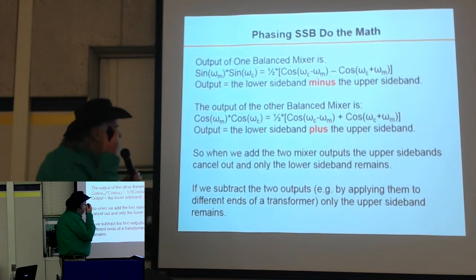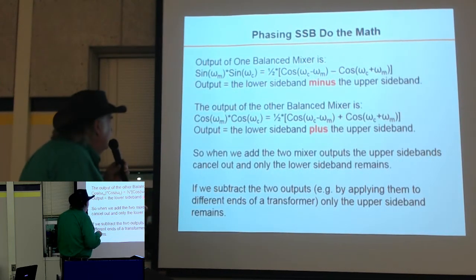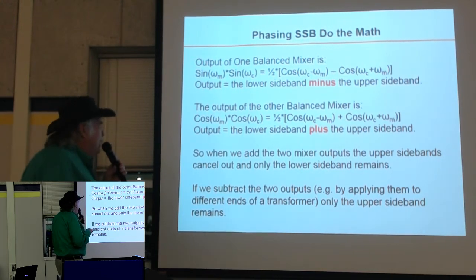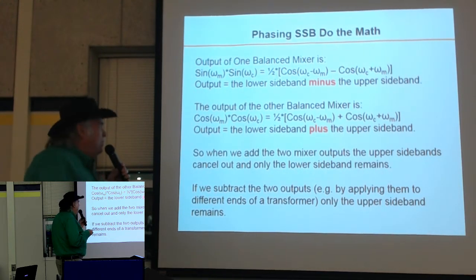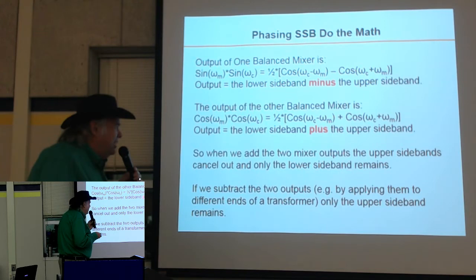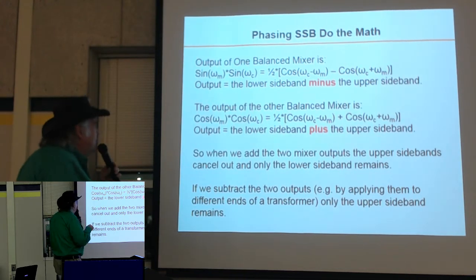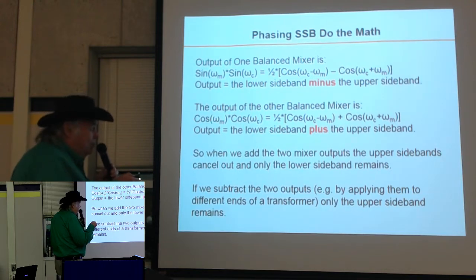So here's the math. If you do the math with the laws of trigonometry, and this is not calculus, it's just trigonometry, the product of the two sines gives me 1/2 times the cosine of omega C minus omega M, which is your lower sideband, minus the cosine of omega C plus omega M, which is the upper sideband.